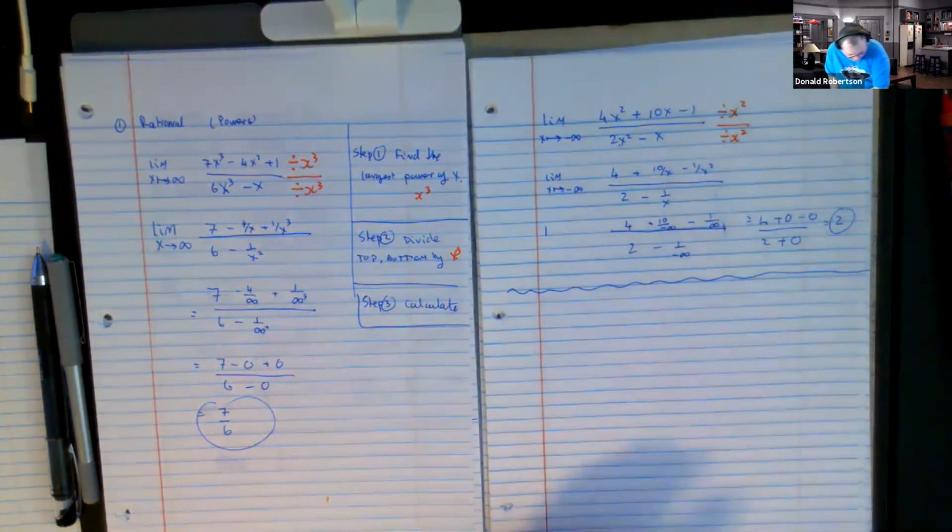Are we comfortable with those types of questions? The limit as x tends to infinity of a polynomial, or the limit as x tends to negative infinity, it's the same process. I'm going to stick to plus infinities for most questions now, it's less hassle than me having to write negatives all over the place. That's the only reason.